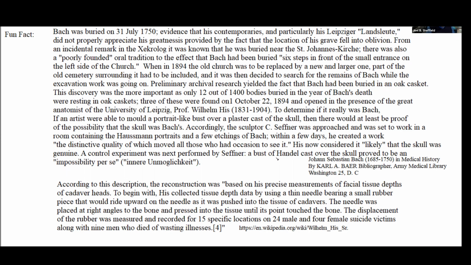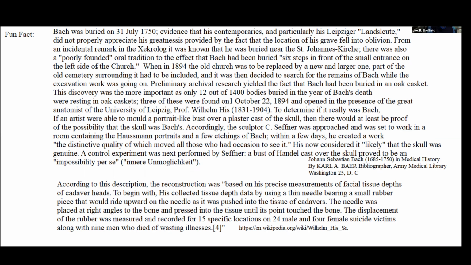This is a paper written around the turn of the 20th century by Karl Bayer, full of personal perspective. So he says his Leipziger Landsleute, that means the people who lived with him, didn't really appreciate his greatness, and nobody knew where his grave was. Except there was some way of digging it out of certain records that he was buried not at the St. Thomas Church where he was known to work, but at the St. Johannes Church.